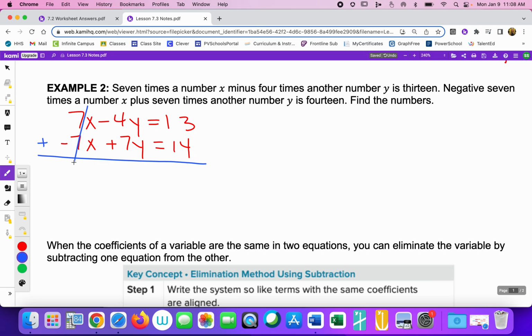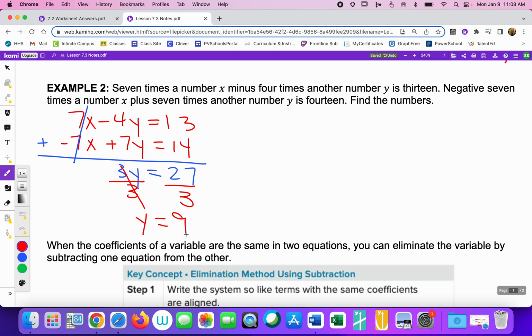So negative 4 plus 7 is 3y. 13 plus 14 is 27. Divide by 3. y equals 9. So the second number y is 9.